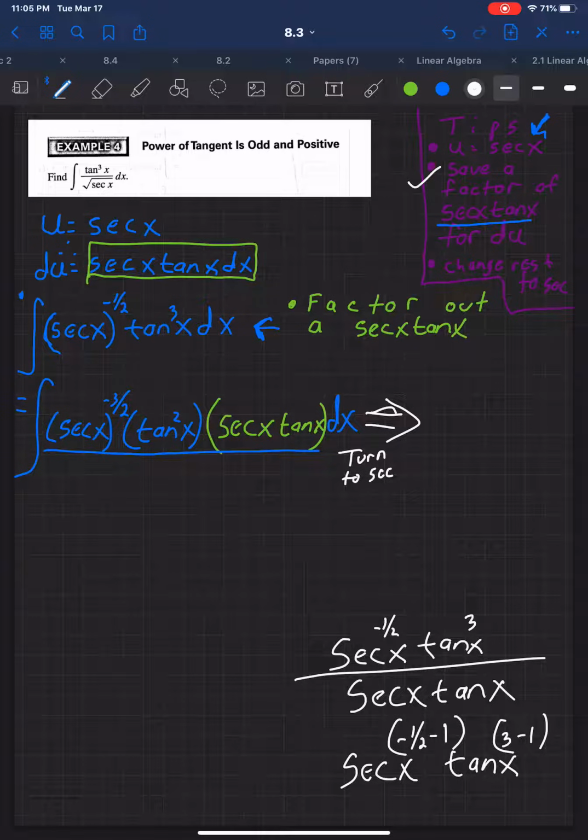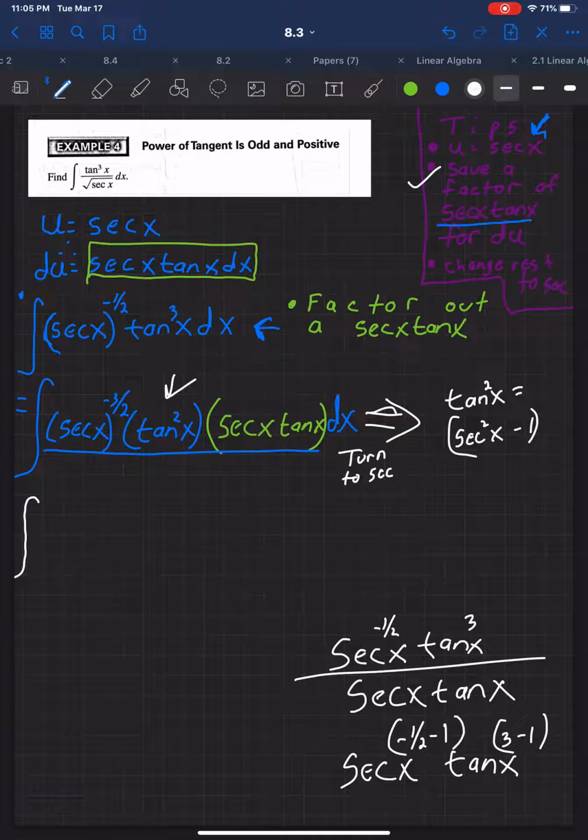All right, so all that requires is that this tangent squared has got to go, right? I'm just going to use, again, these Pythagorean identities. Tangent squared is just secant squared minus 1. At this stage, I'm going to erase the bottom in just a second, and I'm going to rewrite everything, plugging in secant squared x minus 1 for tangent squared.